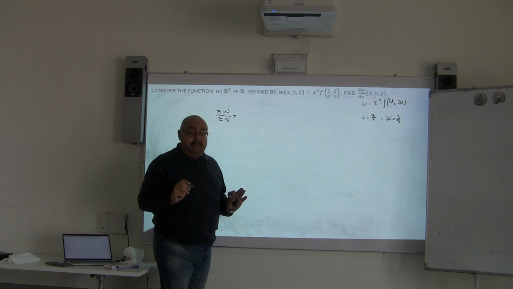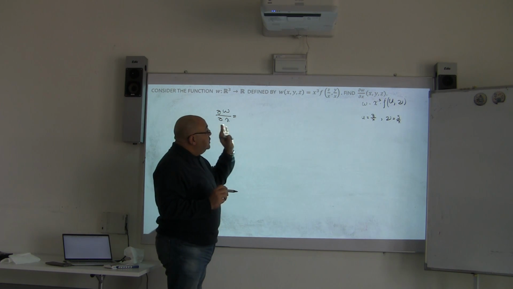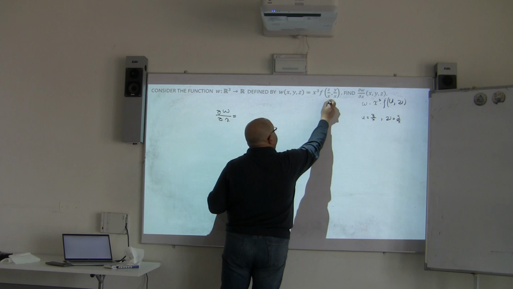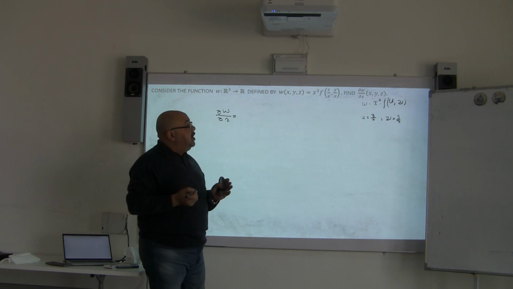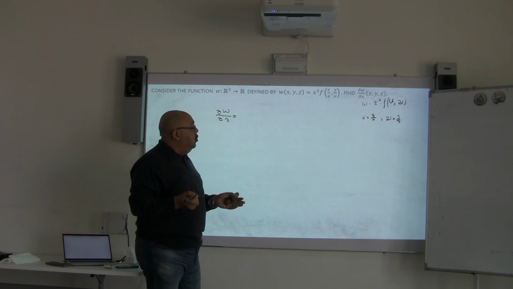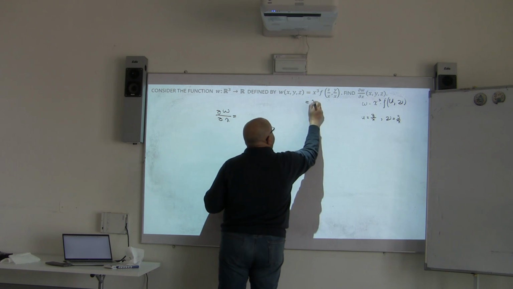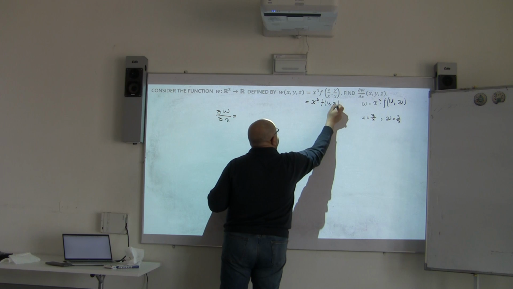The first step is to differentiate the function given with respect to x, and once we do so, we will remark that we have 2 functions multiplied in each other. X cubed times f, which is an arbitrary function of u and v. So now I know that w is simply x cubed times f of u and v.